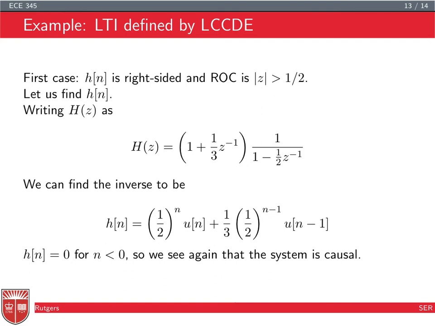Remember that since the ROC is the exterior, z greater than 1/2, both of these signals are going to be right-sided. That's why I applied the right-sided formula. And you can see again that the system is causal because it doesn't have any non-zero components at negative times; it's 0 for all negative times.